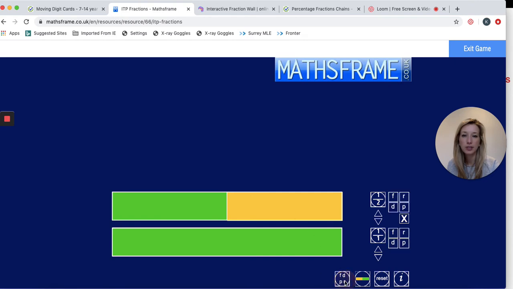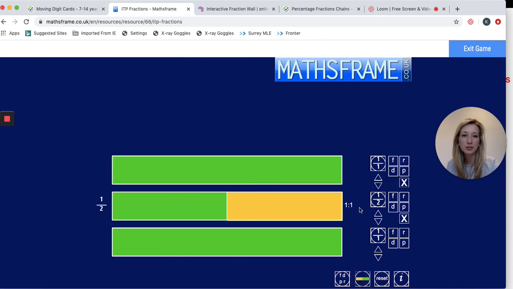And then you can reveal to the children, what is that as a fraction? It's a half. What is that as a decimal? It's 0.5. And what is it as a percentage? 50%. And also it goes into ratio, which is quite nice as well. And you can keep stacking those bars so children can see the further equivalents. So you could go into quarters, for example.